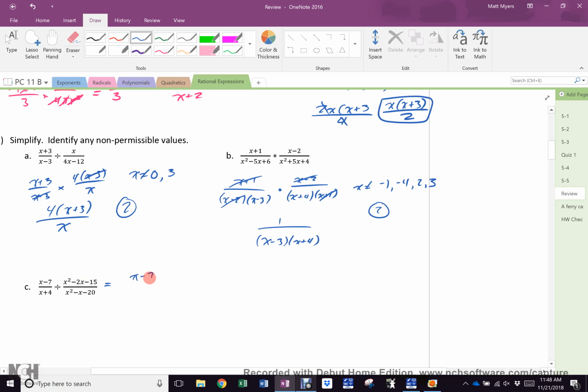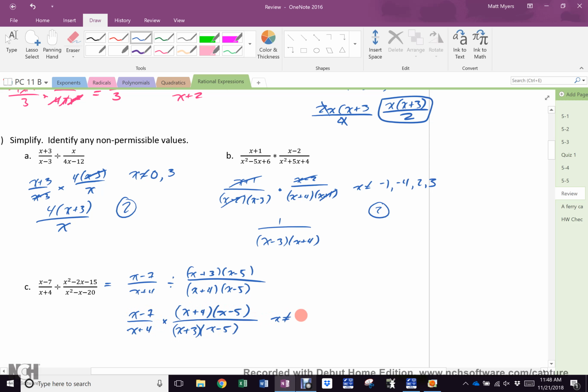That is x minus 7 over x plus 4 divided by x plus 3, x minus 5 over x plus 4, x minus 5, and then x minus 7, x plus 4 times x plus 4, x minus 5 over x plus 3, x minus 5.